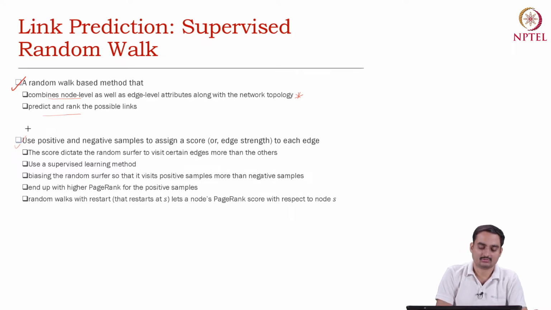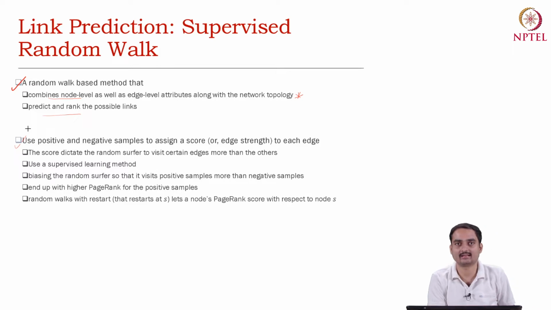So we will see how we can use node attributes and edge attributes to measure the strength of a node pair. The node pair can have an edge between them, or may not have an edge, but we can still predict the strength of these two nodes.